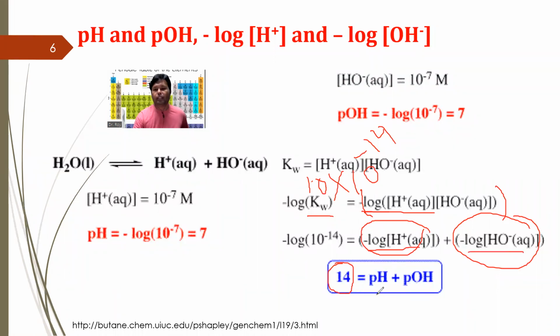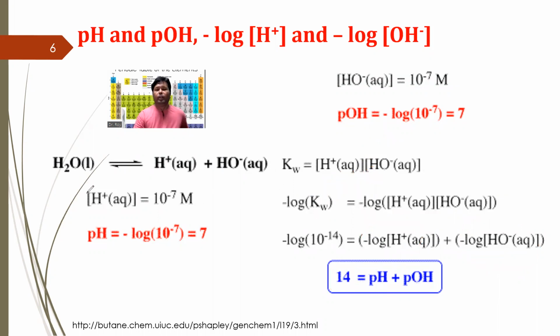So we have pH plus pOH equals 14. For any water system, the value of pH plus pOH equals 14. That means the value of pH is 7 and pOH is 7.